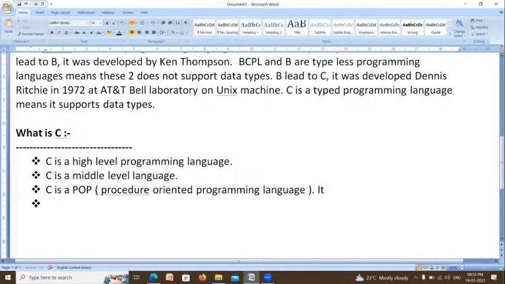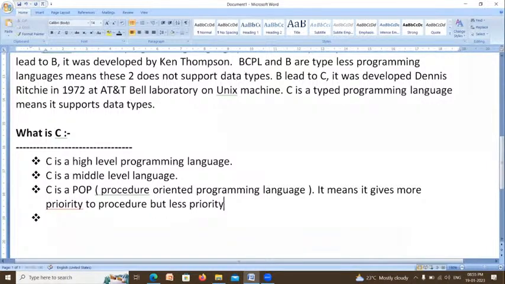Procedure oriented means it gives more priority to procedure, but less priority to data. That is the meaning.